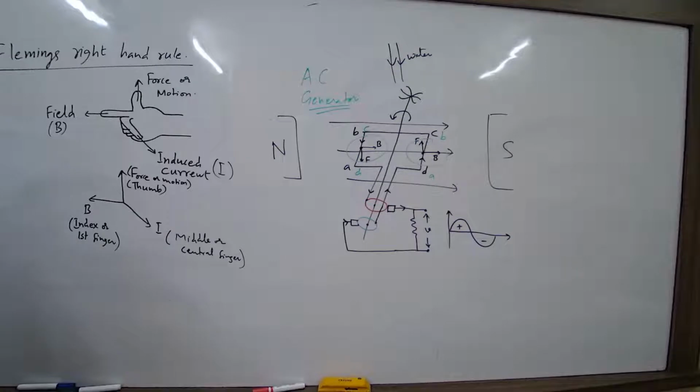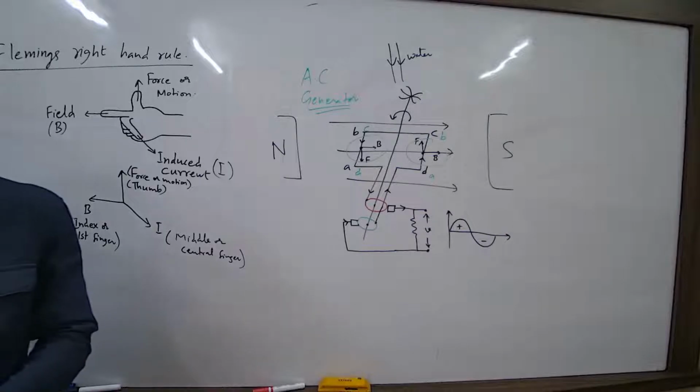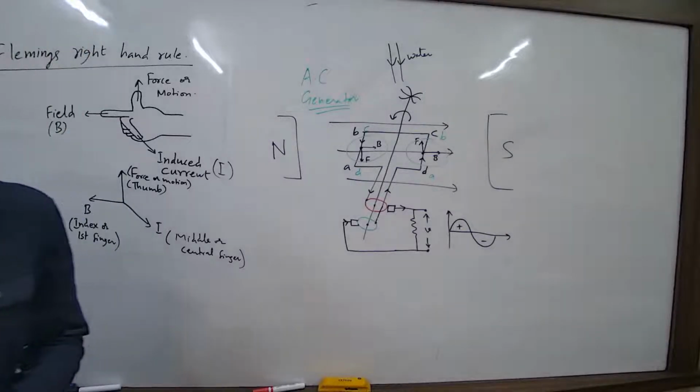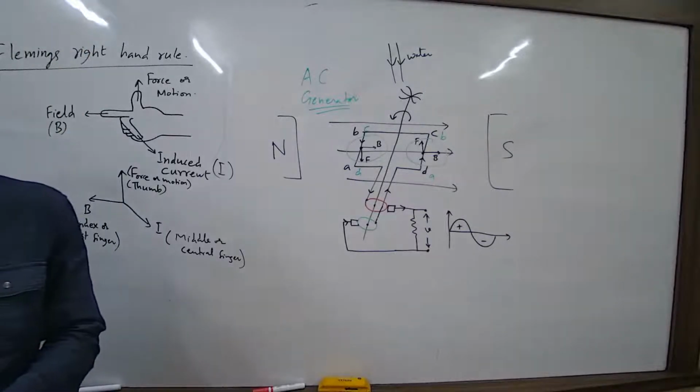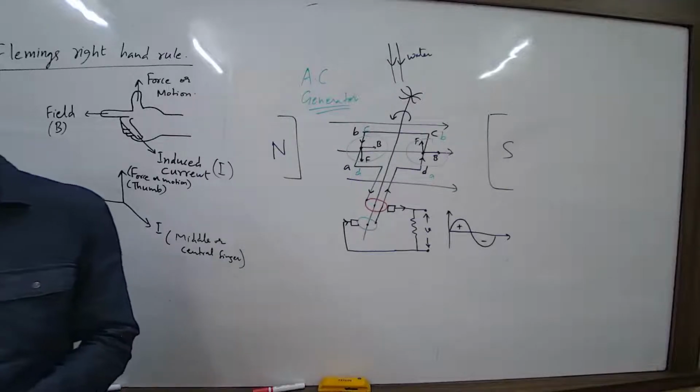If I don't discuss this, you will not understand how this Fleming's right hand rule is applied. So is this clear? Just switch on the fan. First, okay, let's go.